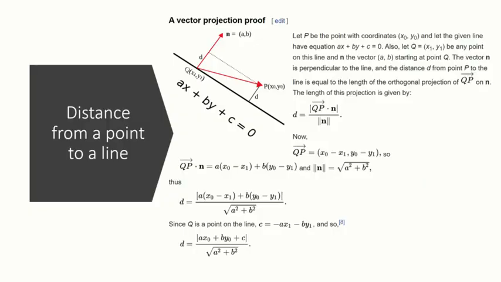Okay, so how can we compute the distance from a point to a line? I can give the answer first, then we try to derive this formula from scratch. Okay.